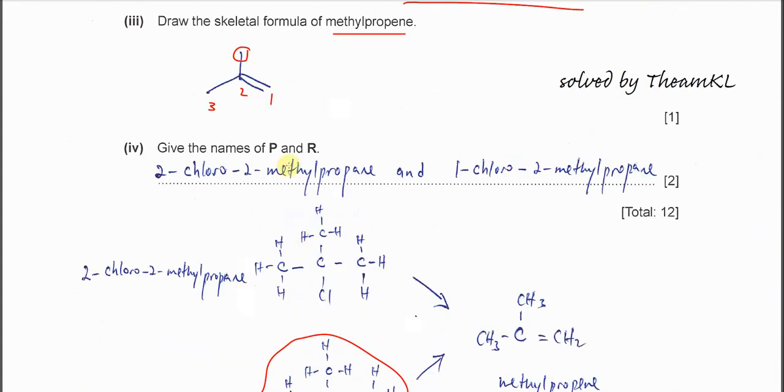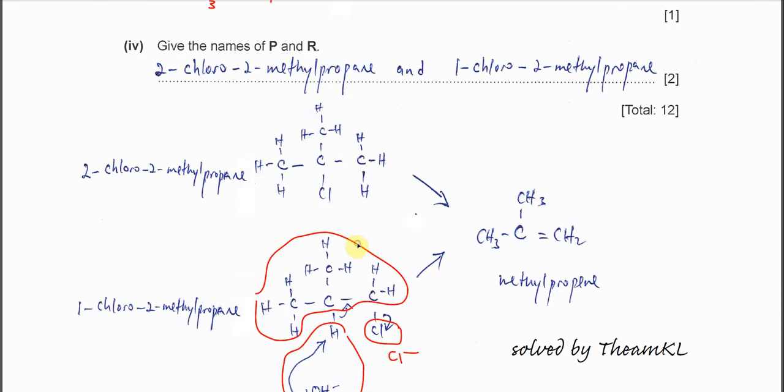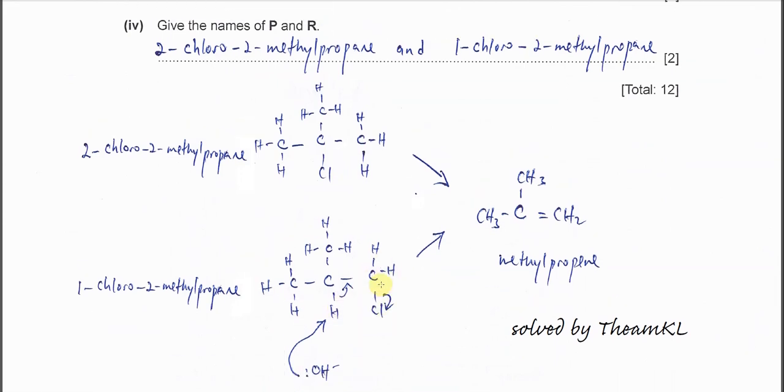In order to give these names, you must know how they undergo elimination. Because methylpropene itself is a branched molecule, the halogenoalkane that forms this methylpropene most likely also needs to be a branched molecule.